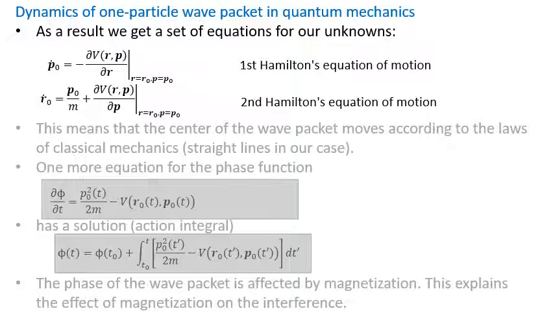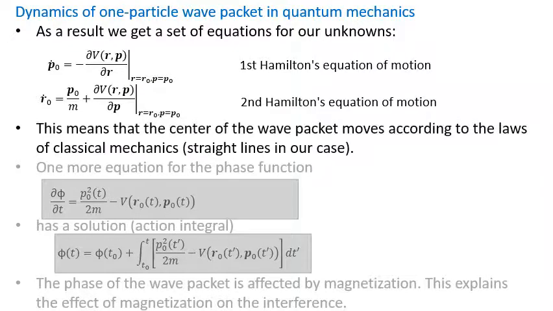The second equation is for the time derivative of position, and it is the second Hamilton's equation. These results confirm that the center of the wave packet moves according to the laws of classical mechanics. In the case of a charge interacting with solenoid, this means that the charge moves uniformly along straight lines, as expected.